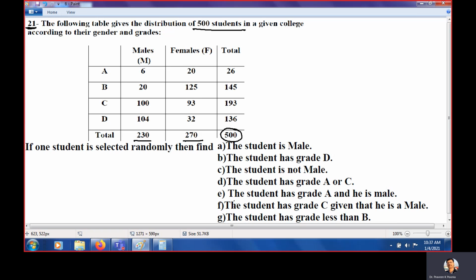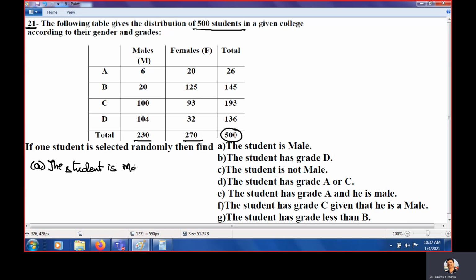Now there are 7 questions. What are the solutions of this? So we will solve each question one, and we can solve 2 questions here because the space is here. The question number 1: the student is male.